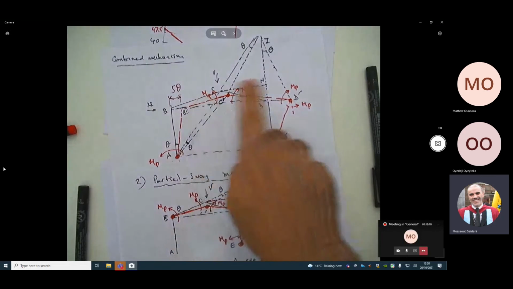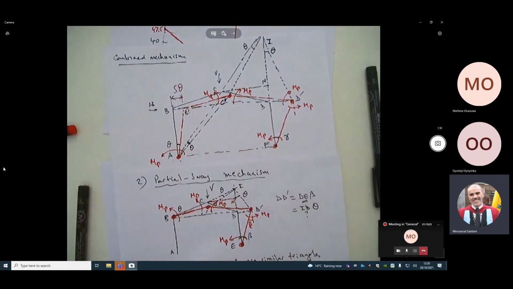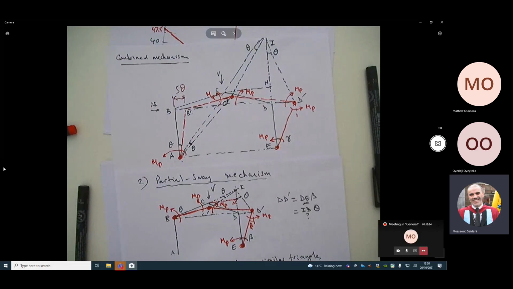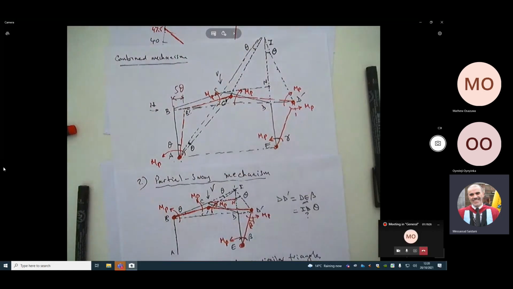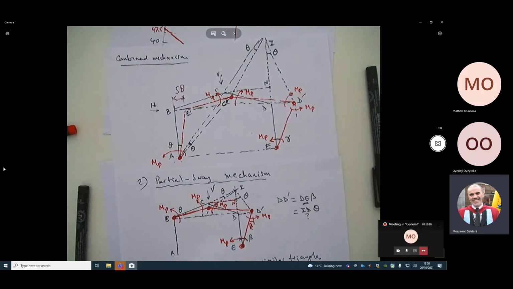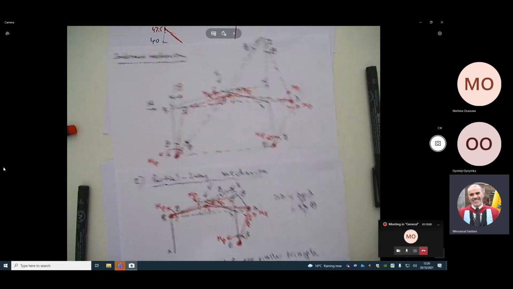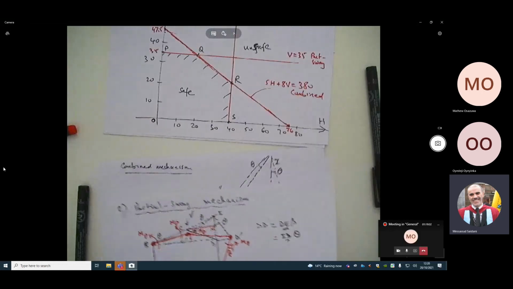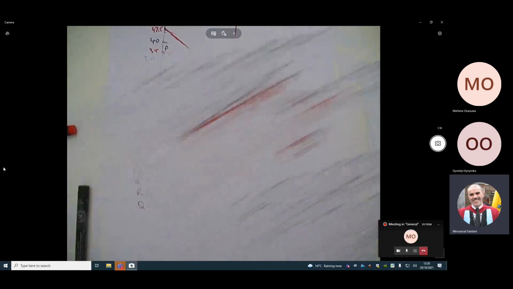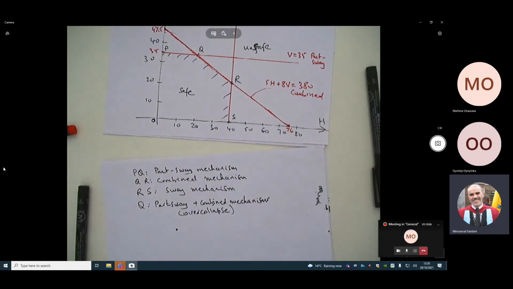So you're going to have 5, which is more than we need, because we said we need only 4 for total collapse. So when you put these two together, you get an over collapse. Okay? It doesn't give you the critical load, but that Q, as I said, represents a case where you have 5 hinges forming, and therefore it's an over collapse.